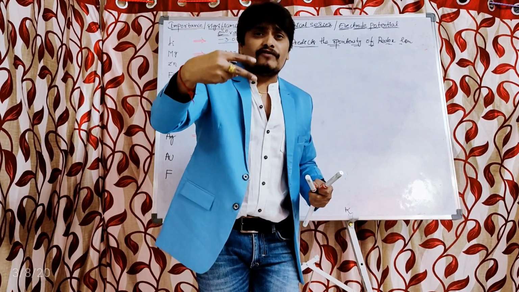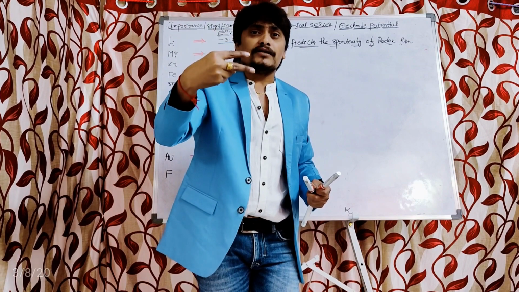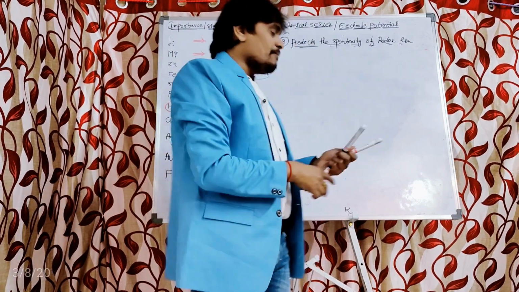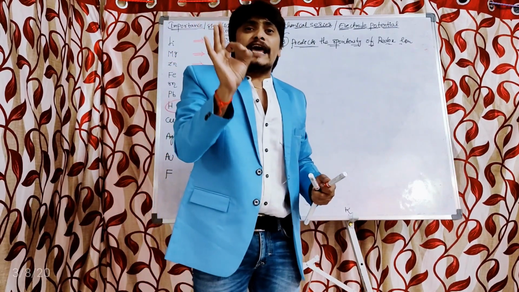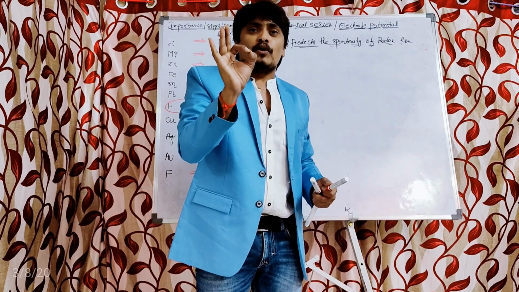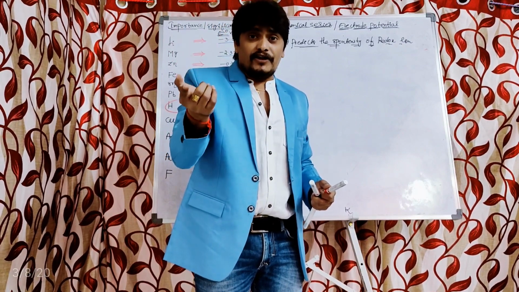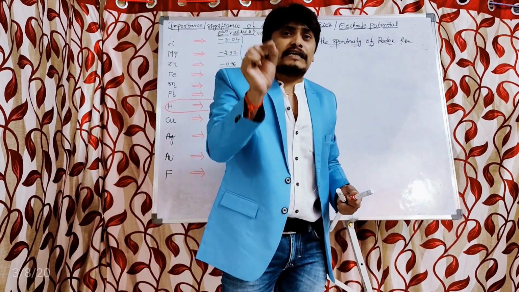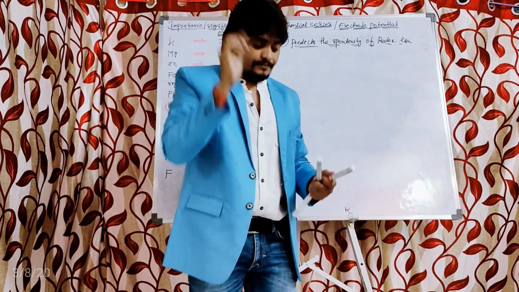That sort of information can be revealed with the help of the electrochemical series in terms of EMF. What is EMF? Electromotive force. What is the exact definition of electromotive force? I will explain in the subsequent videos. But now I am going to give the formula for the EMF according to IUPAC convention.